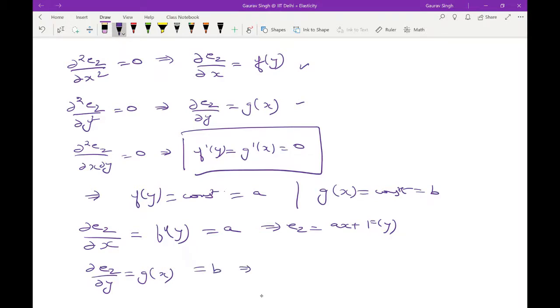Okay, and this would mean that g of x, okay, so we have written this capital F as a function of y, and the same has to be taken over here. So this should give you f dash of y is equal to p. This implies that f(y) is equal to by plus c.